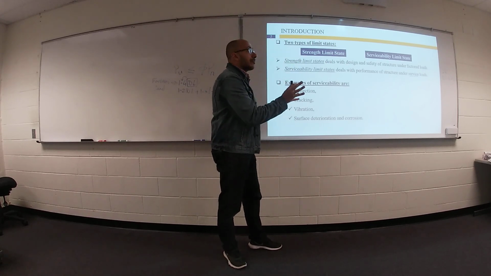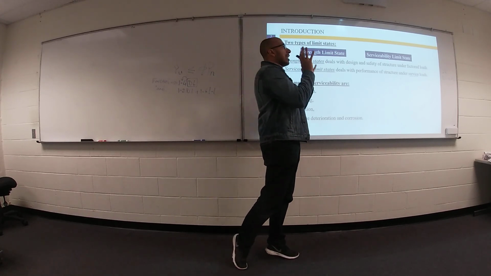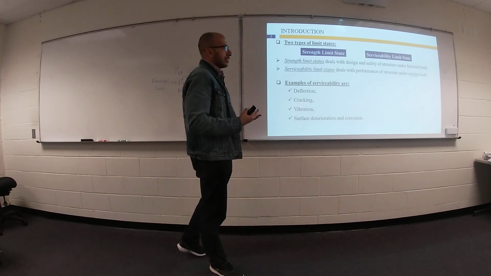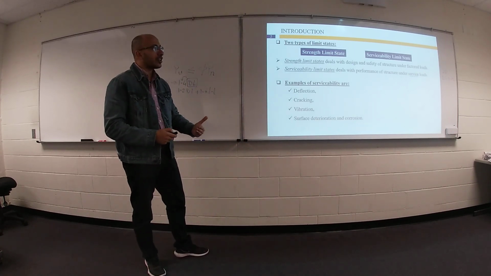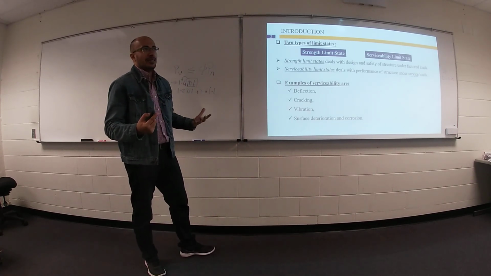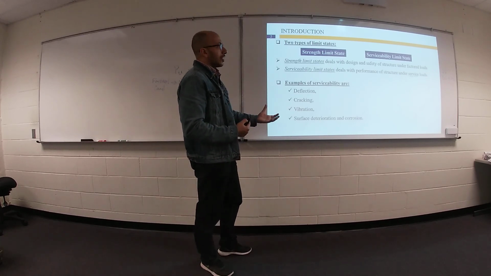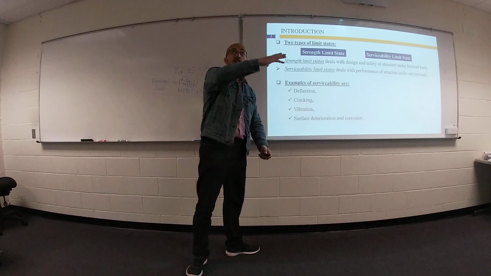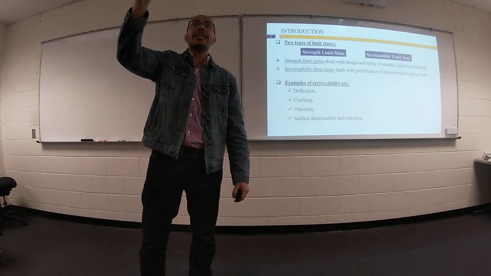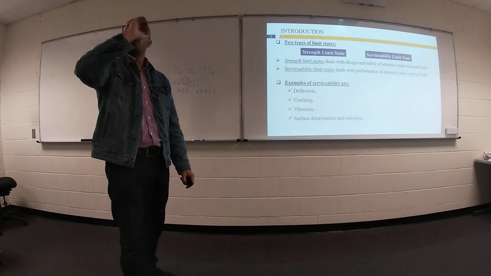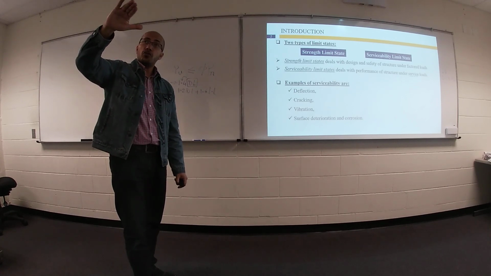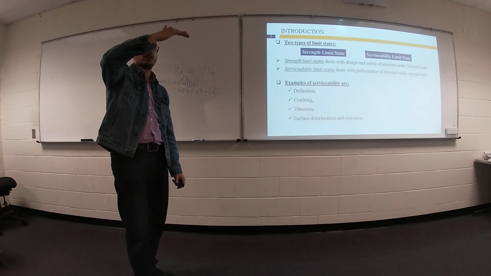Your design is safe. Nothing will happen, no collapse will happen. But when you are using your structure, you are not feeling good. Something is not good about your structure, maybe your deflection. Your floor is safe, nothing will happen, no collapse, but you have some curve in your floor.